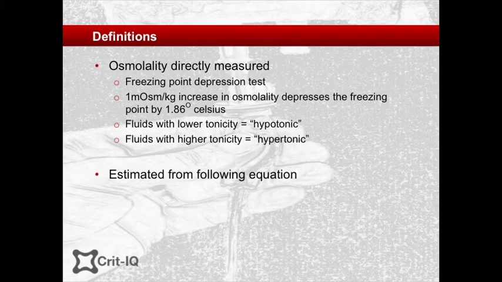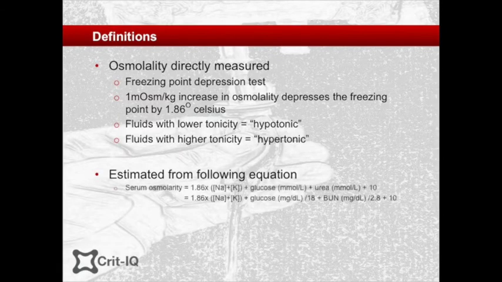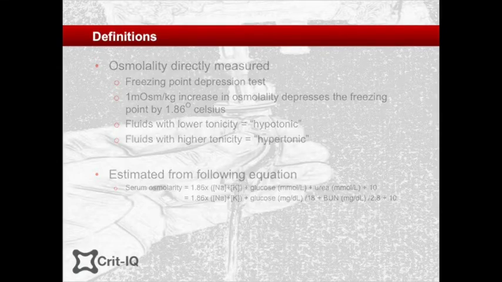Osmolarity is often estimated from the following equation. This is because these substances exert the greatest proportion of the osmotically active agents in the serum. It is clear from this calculation that the osmolality of the extracellular fluid is primarily determined by sodium salts.